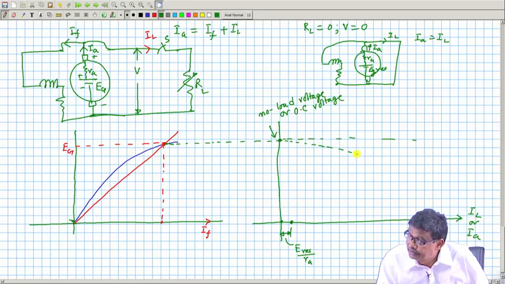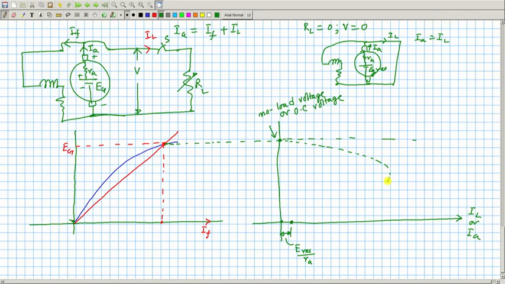So, the characteristics must be of this kind, and we have to explain why this happens. Got the point? So, load characteristics of a shunt generator will be somewhat like this.